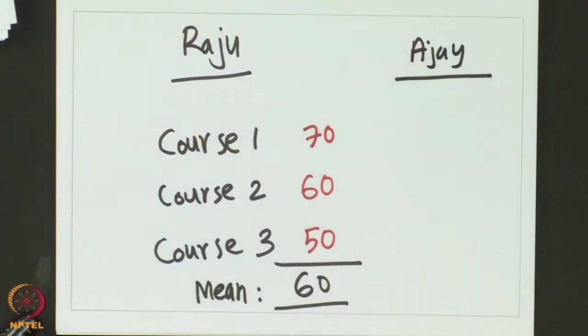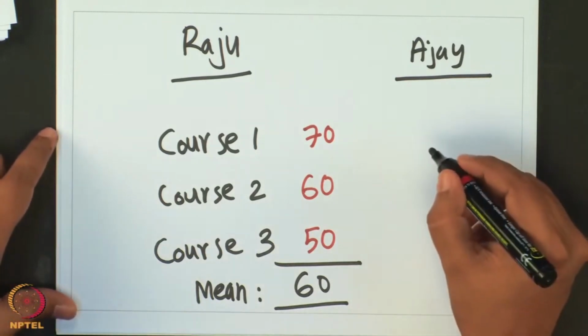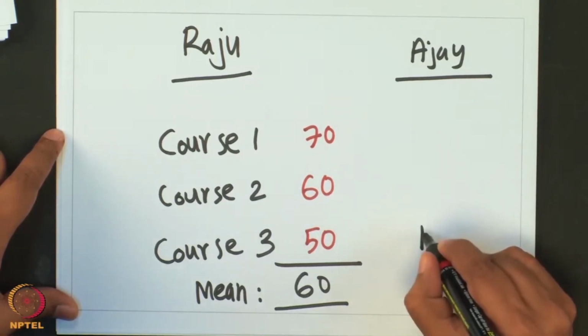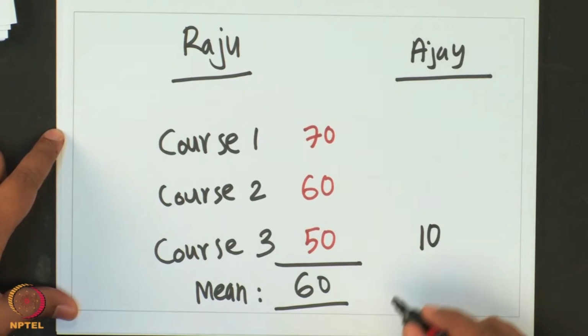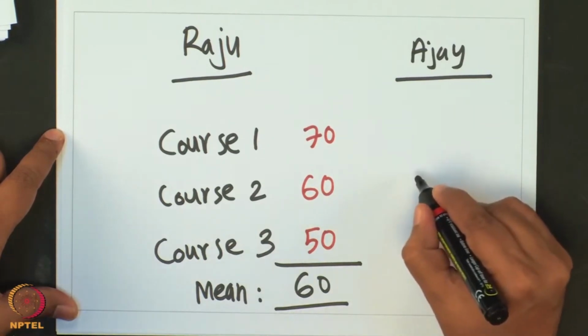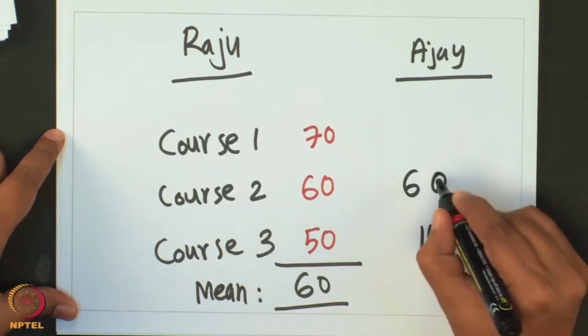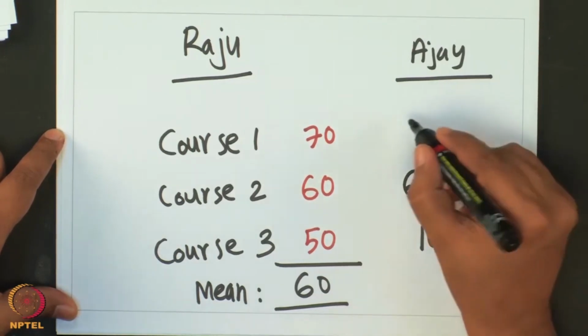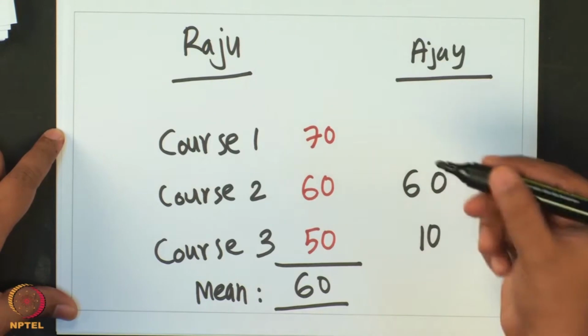If there is some other person other than Raju, let's say Ajay, some other person, this Ajay got some marks, let us consider these marks as the following. Let us say he got in one course only 10 marks, in another course he got 60 marks, and let us say in this one he got 90 marks.